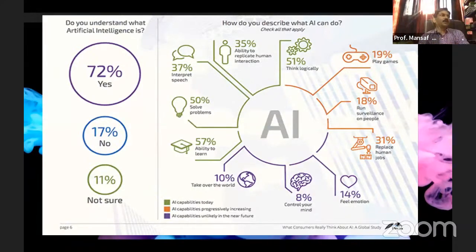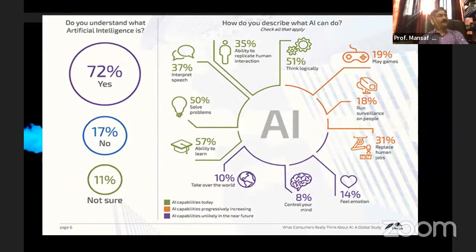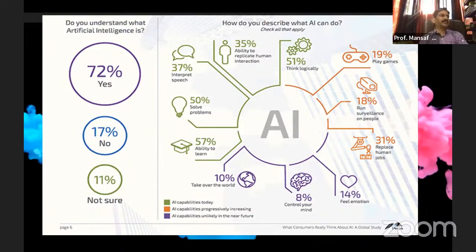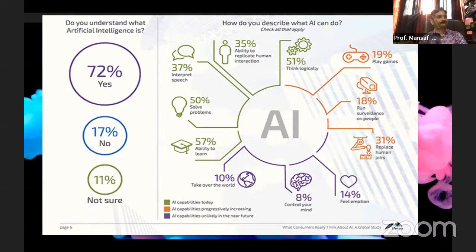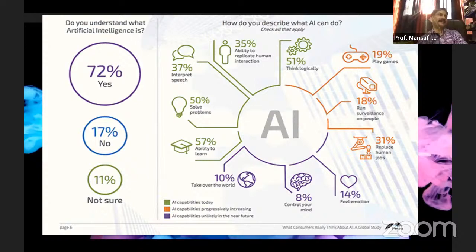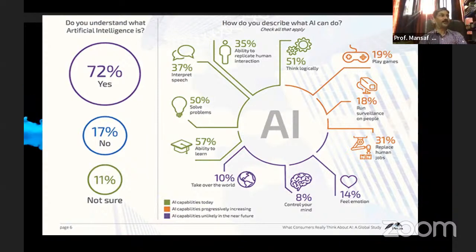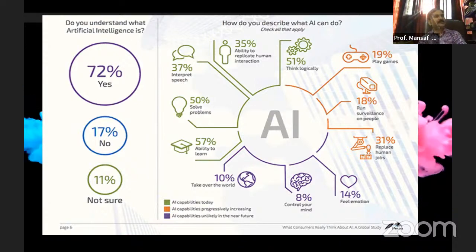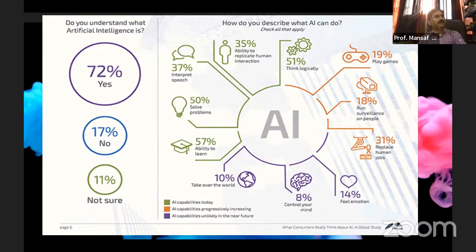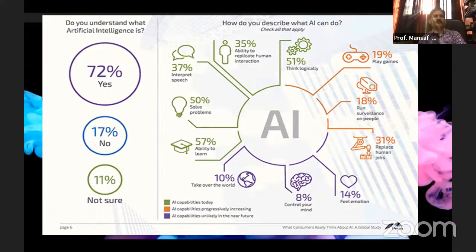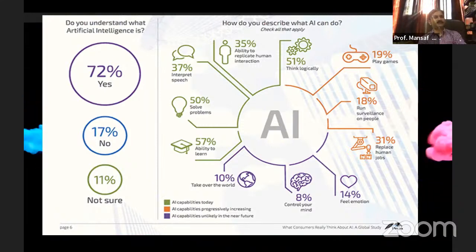In the present scenario, 57% of artificial intelligence-based machines have the ability to learn. 50% of AI-based machines can solve your problem. 37% interpret speech. 35% have the ability to replicate human interaction.